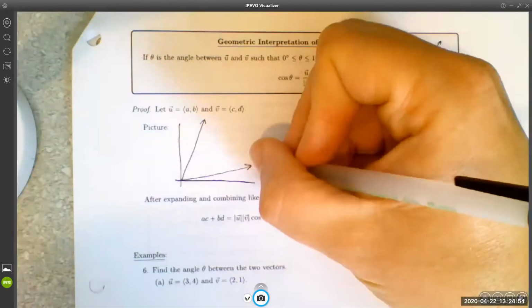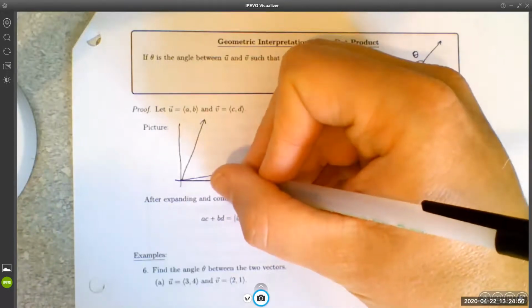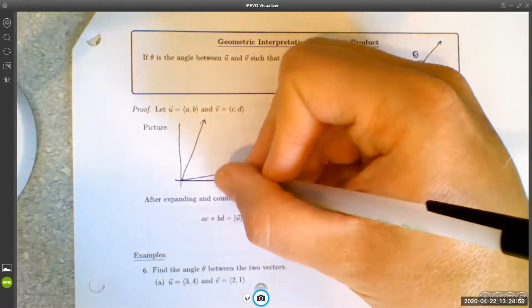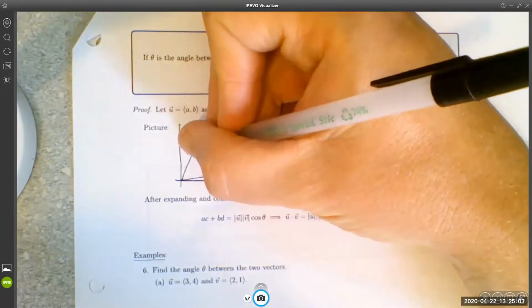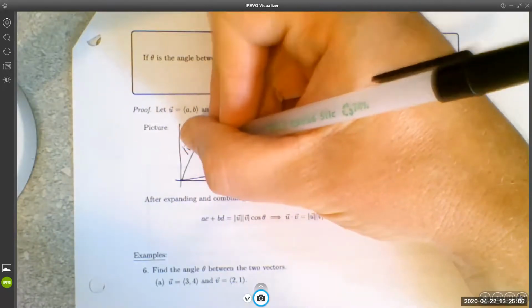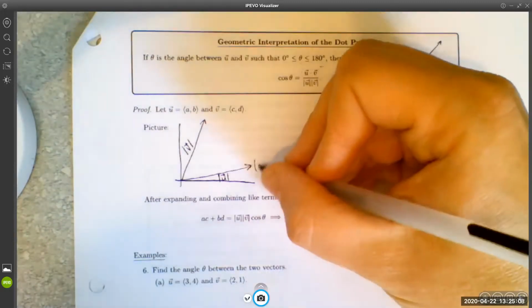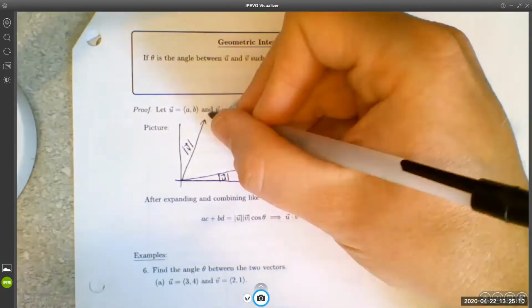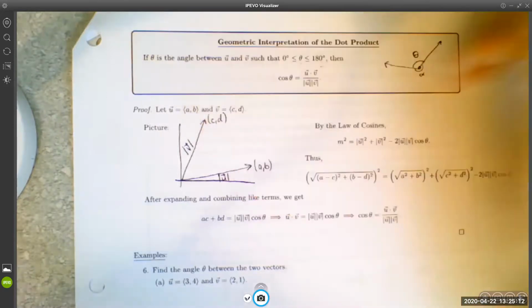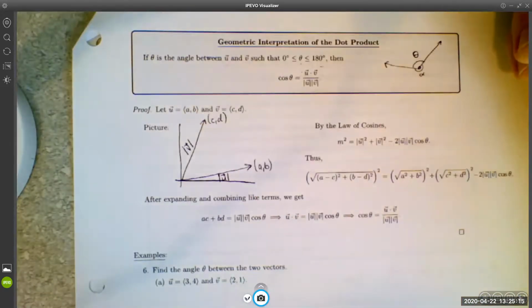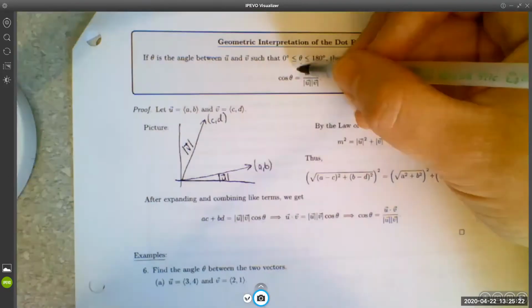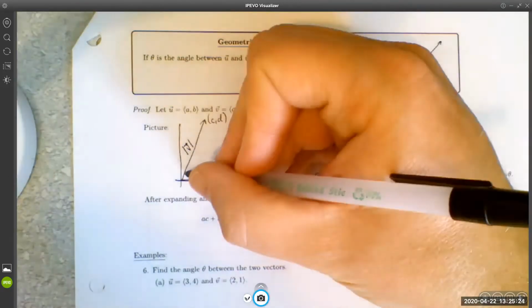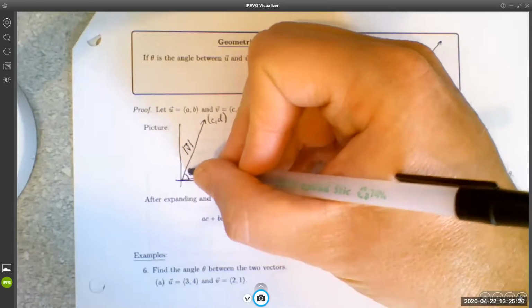This is u, so the length of this vector is the magnitude of u, and the length of this vector is the magnitude of v. This is the point A, B. This is the point C, D. To derive this equation, we're interested in what the angle is between the two vectors.